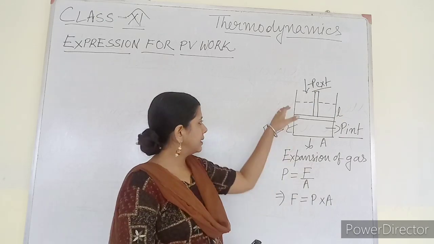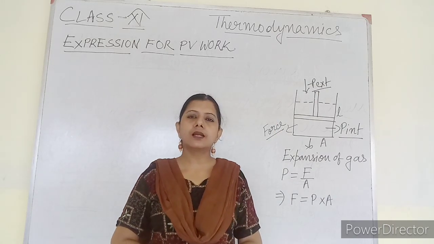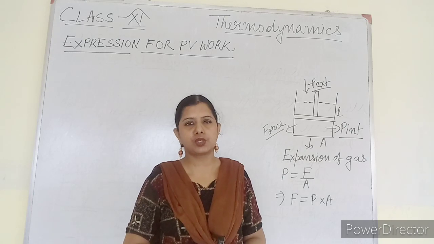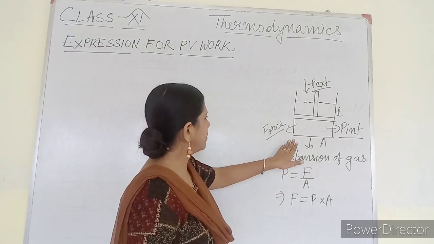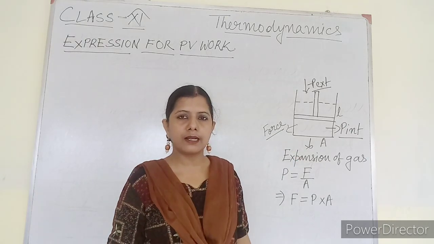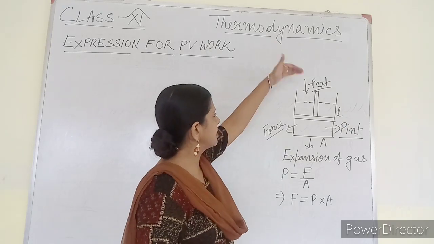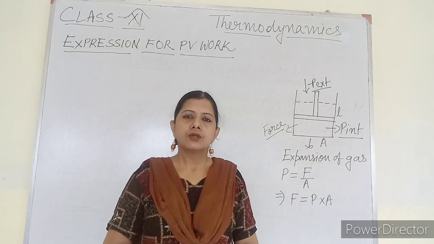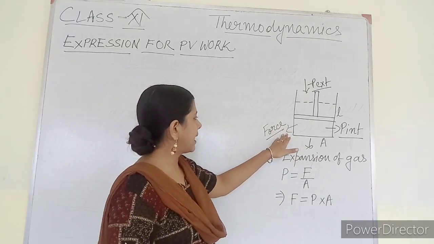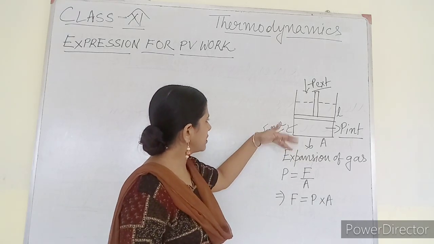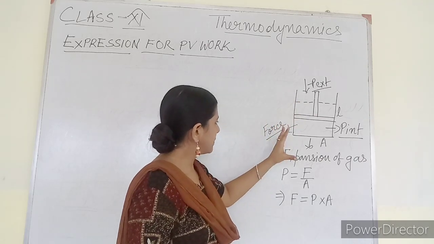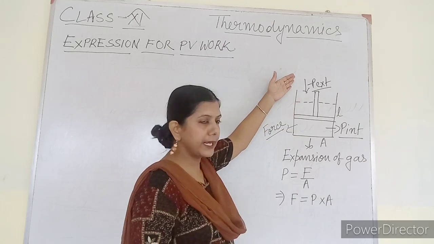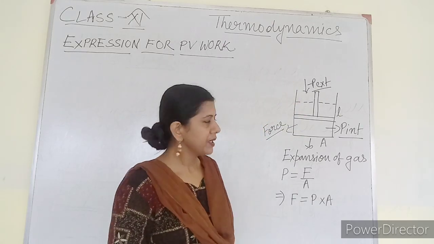That is, P external and P internal should be the same but in opposite direction, because the force for P internal is applied in the upward direction and for P external the force is applied in the downward direction. So the PV work will be equal to negative of external pressure.